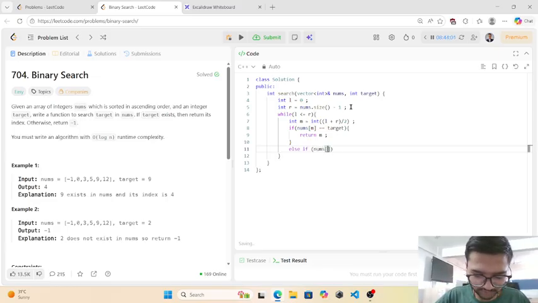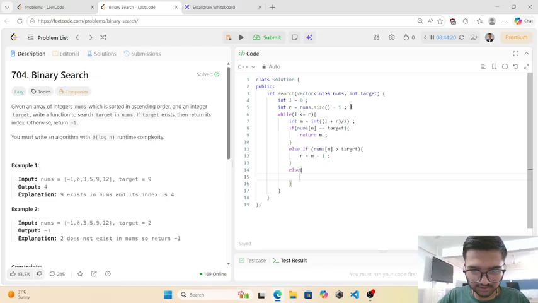if nums of m is greater than target, then we change the value r equals to m minus 1, otherwise else condition, last L equals to m plus 1.